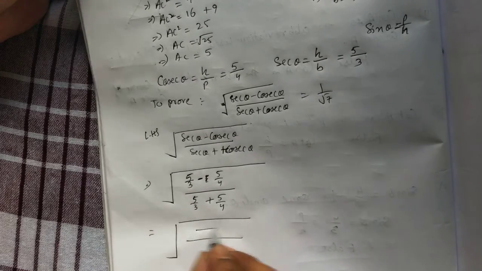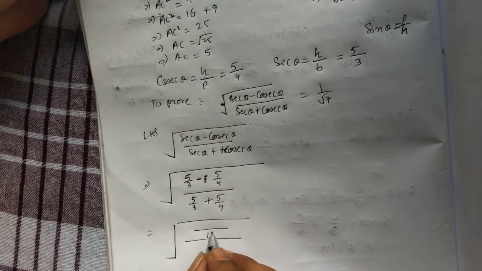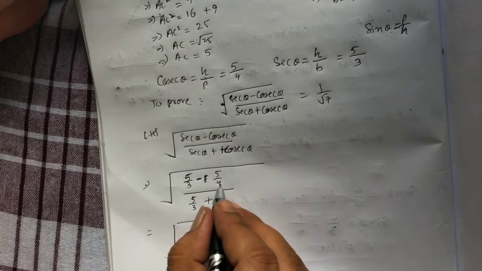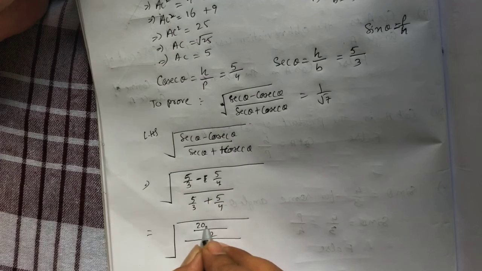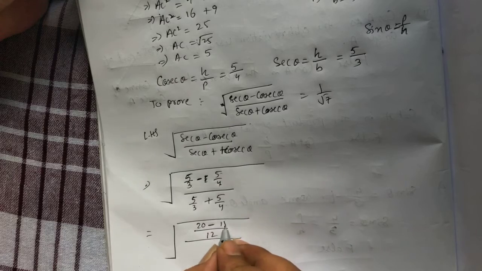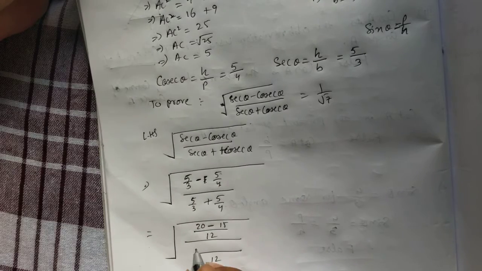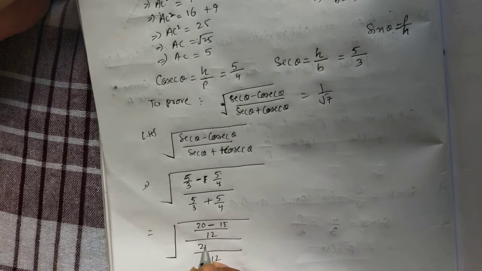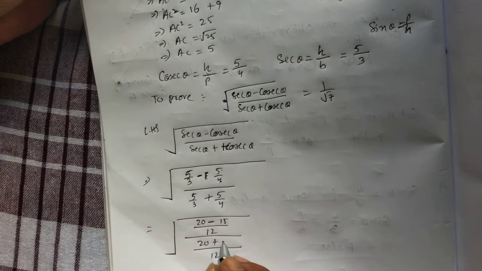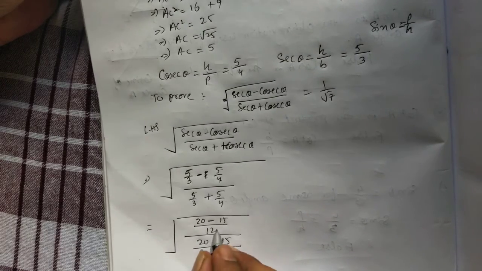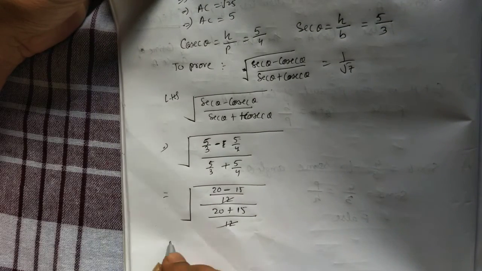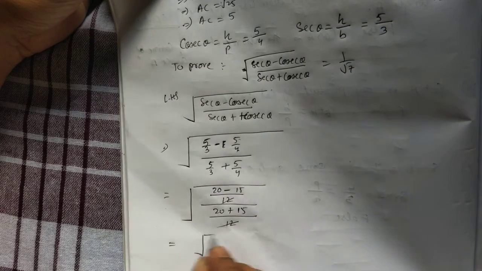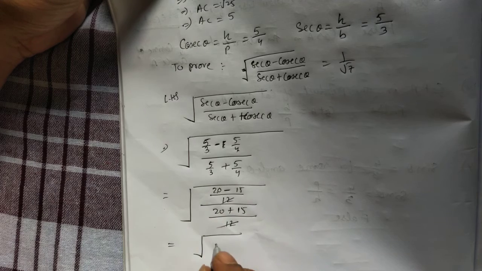Please take the LCM here. Here LCM of 3 and 4 is 12. So cross multiply. 4 5 is 20 minus 3 5 is 15. Here LCM is 12. You'll get 20 plus 15. So after LCM, you can cut this denominator. Same denominator you can cut. So what you're getting here, 20 minus 15 is 5 and 20 plus 15 is 35.